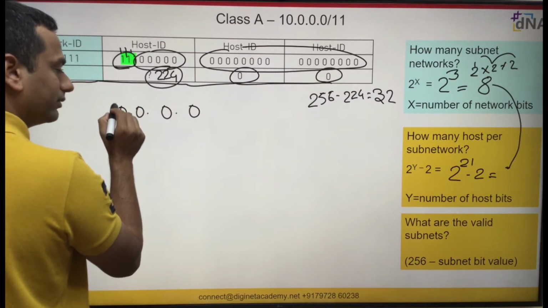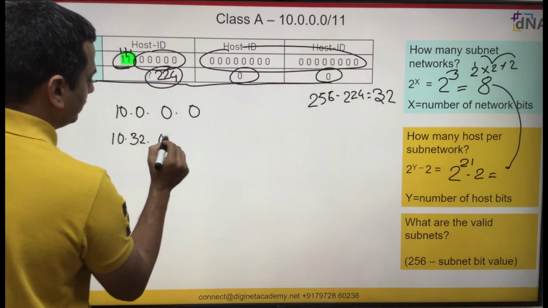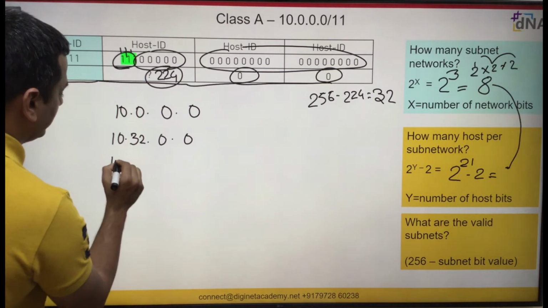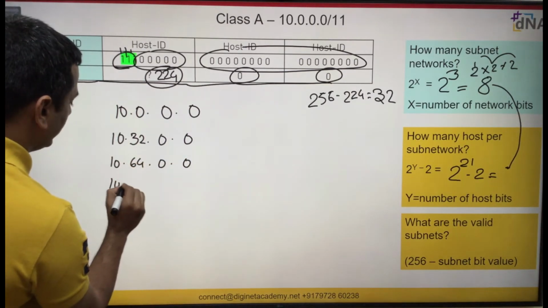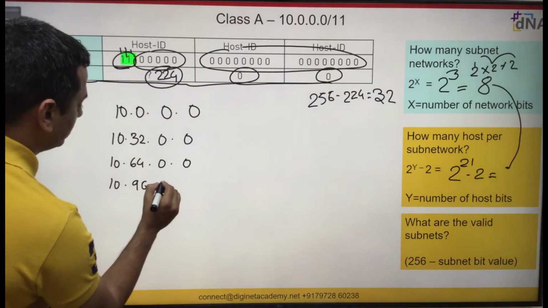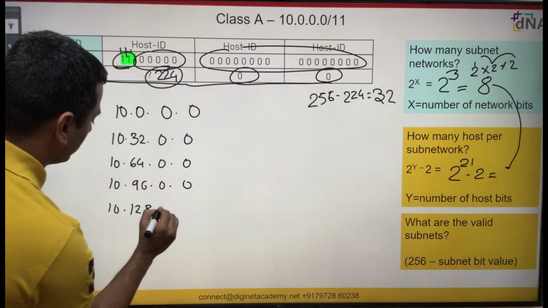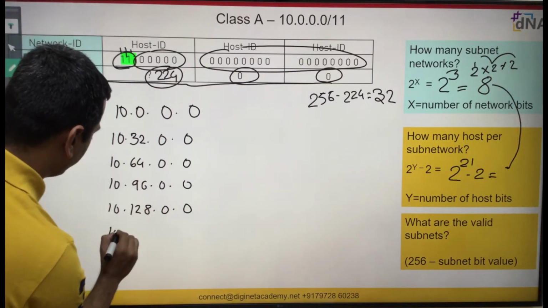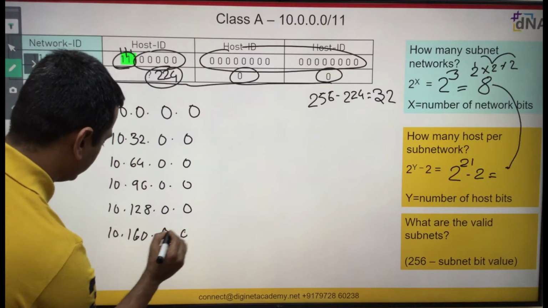Because it is your major network. So then 10.32.0.0, then 10.64.0.0, 10.96.0.0, then 10.128.0.0, 10.160.0.0.